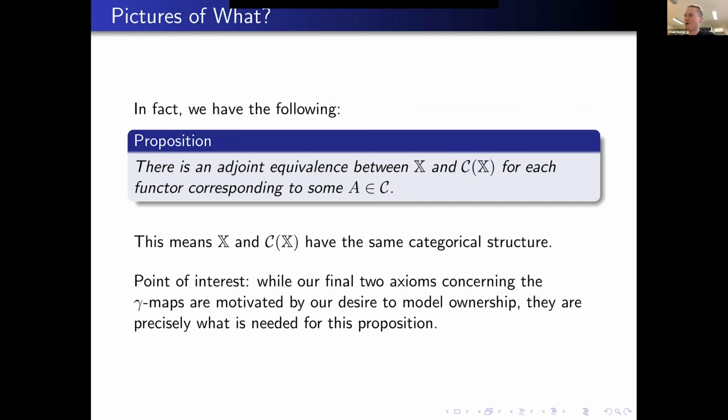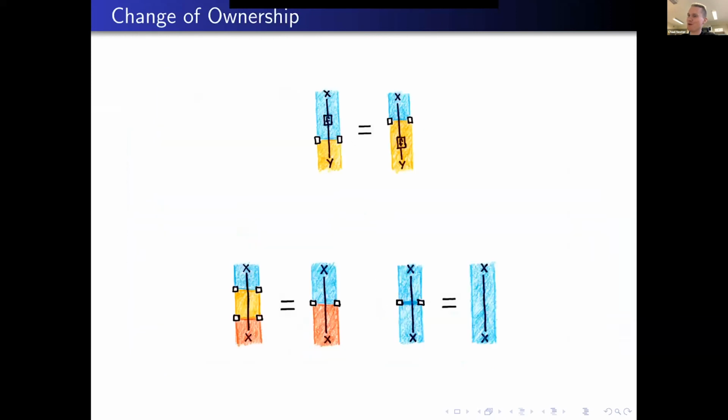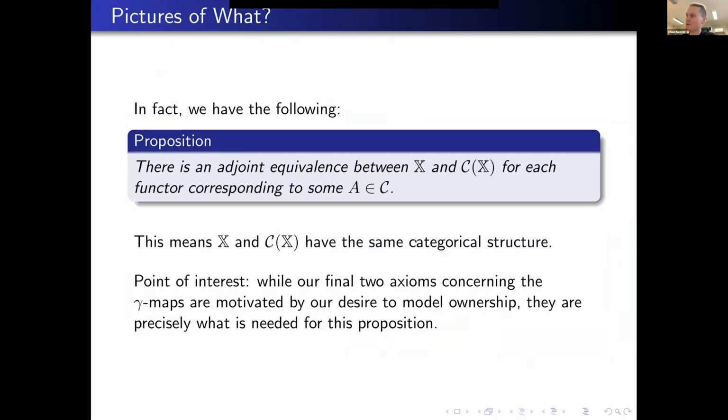And then one final math fact is that there are two axioms that we don't need to get that previous proposition. They're the bottom two on this slide. And these axioms turn out to give us exactly that there is an equivalence of categories between our original resource theory X and our new colored one with ownership C of X. In fact, we get a whole bunch of equivalences, but they're all equivalent to each other.